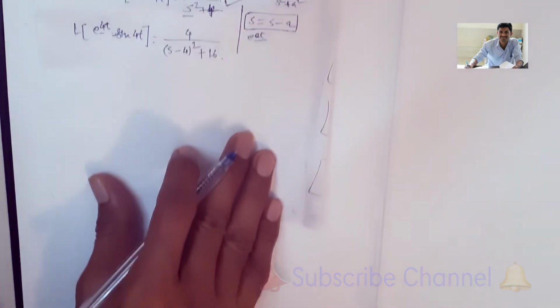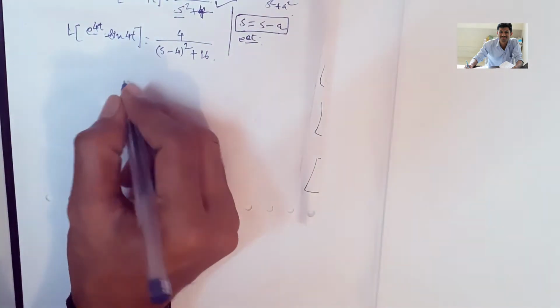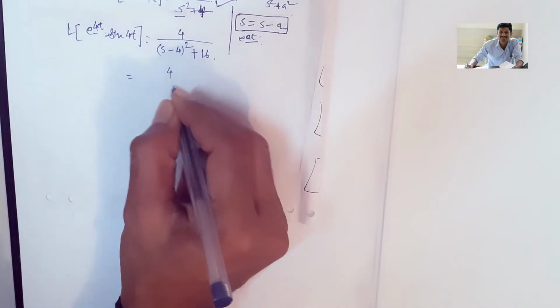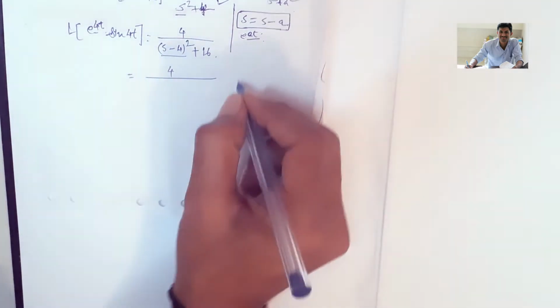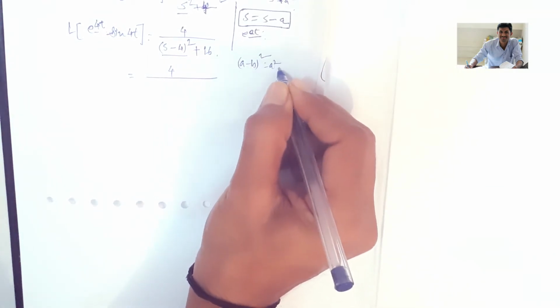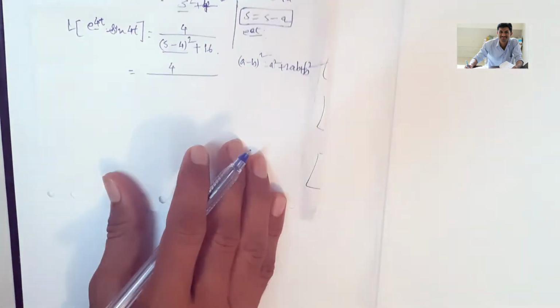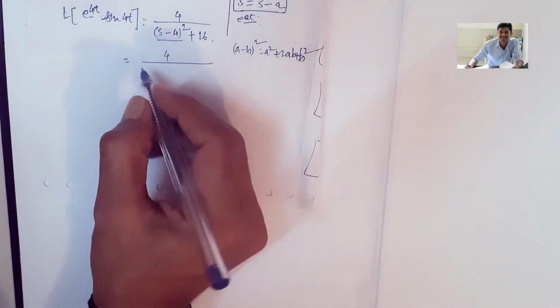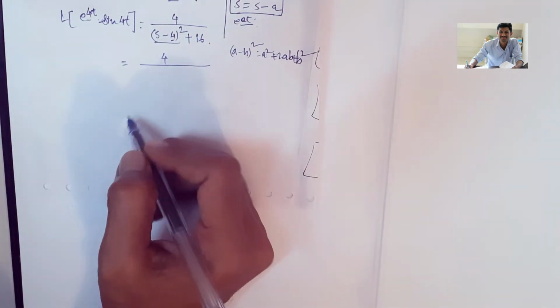Now after solving this bracket, 4 first as it is. We have to solve this with the help of the formula: a minus b the whole square is a square minus 2ab plus b square. Here a means s, b means 4.